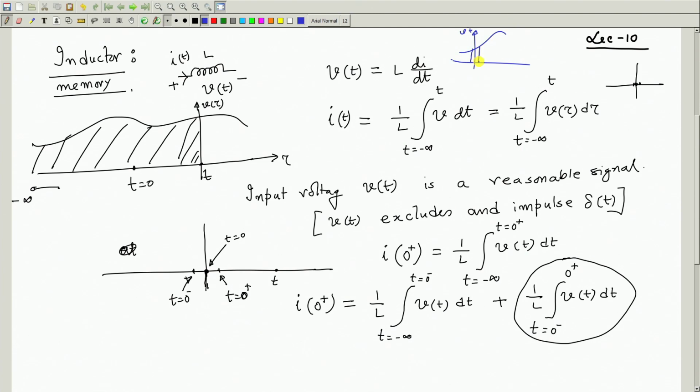Then I am trying to integrate this V(t) in the interval 0 minus to 0 plus, and these are as small as possible in the calculus sense. Therefore, the area under the curve will be practically 0, because you have gone a little this side and a little that side. So, the area enclosed is nothing but the area enclosed between 0 minus and 0 plus. That area will approach 0, because 0 plus means you have only crossed 0 immediately.